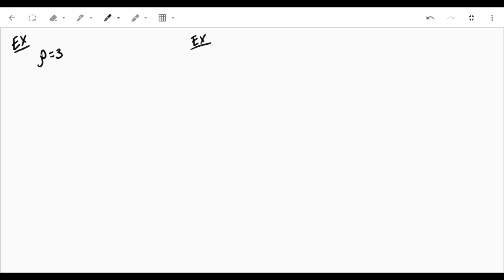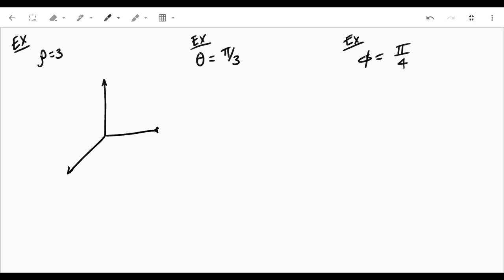Let's draw theta equals pi over 3. And let's draw phi equals pi over 4.